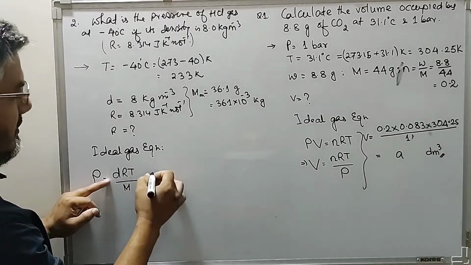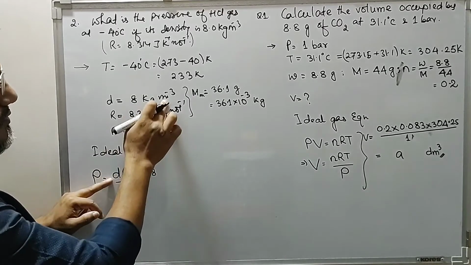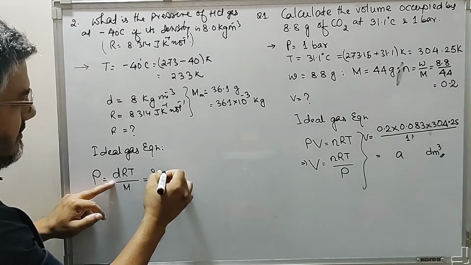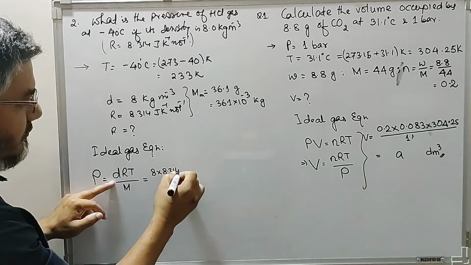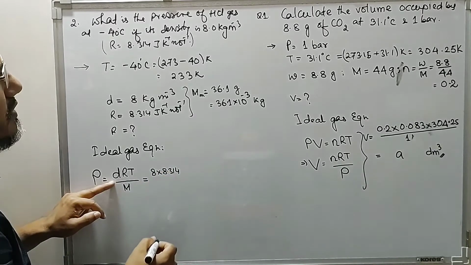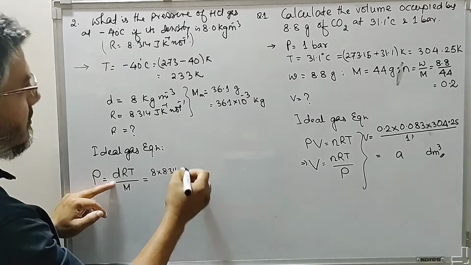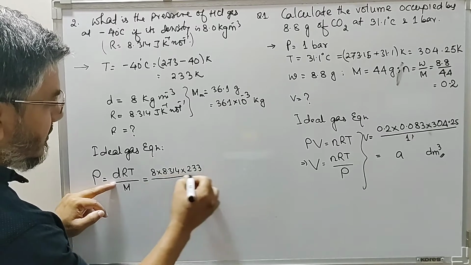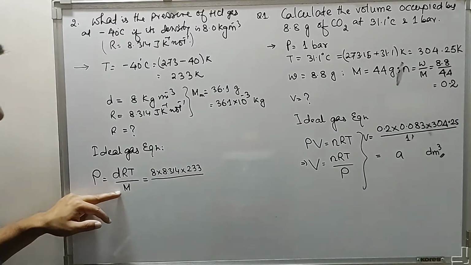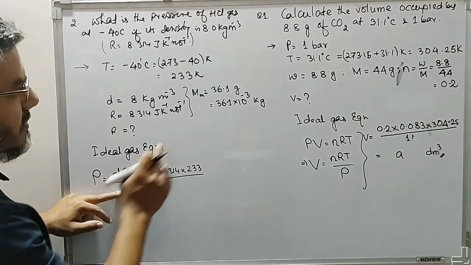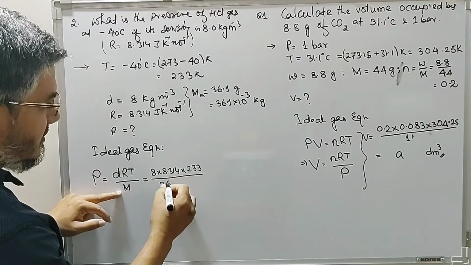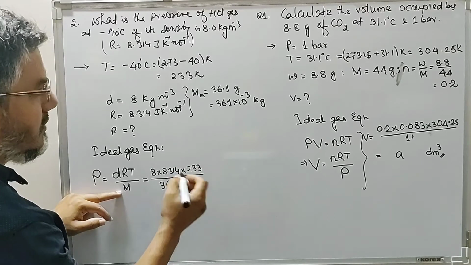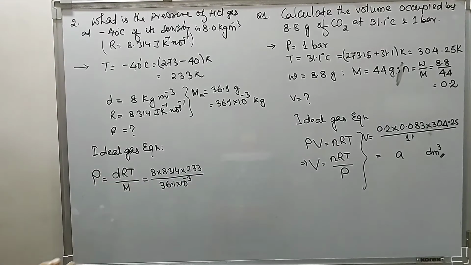Density is 8 kilogram per meter cube. R is 8.314 joule per Kelvin per mole. Temperature is 233 divided by molecular mass. So molecular mass is 36.1 into 10 to the power minus 3. So this is the pressure.